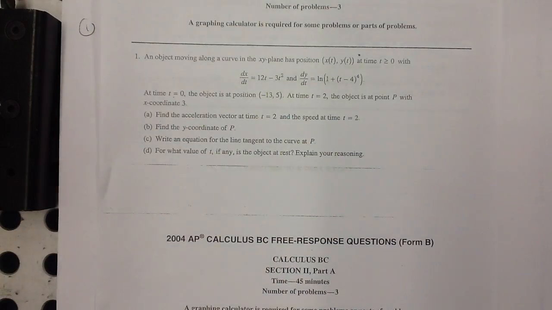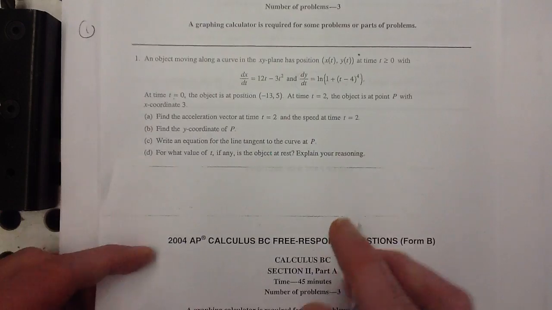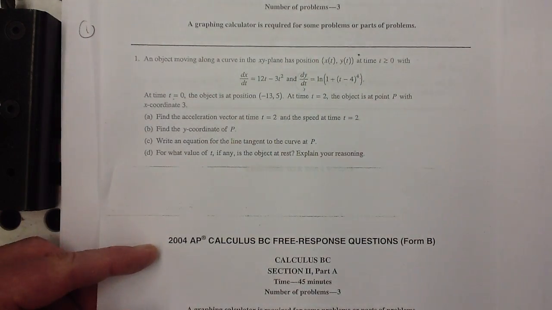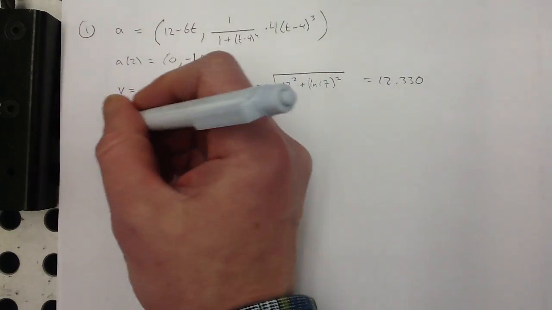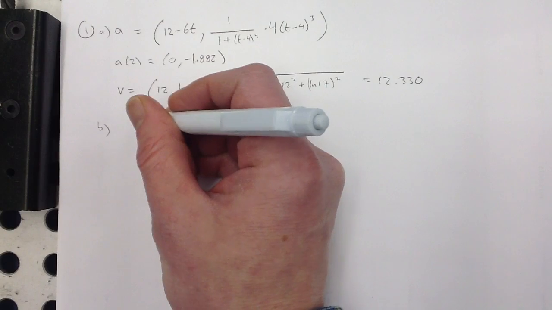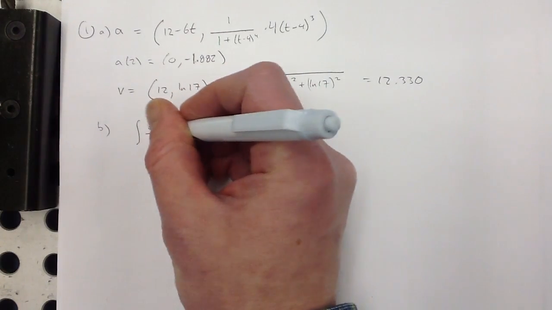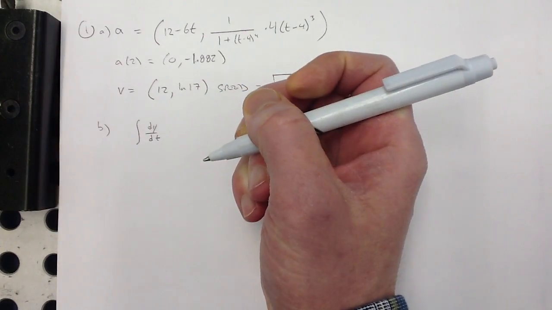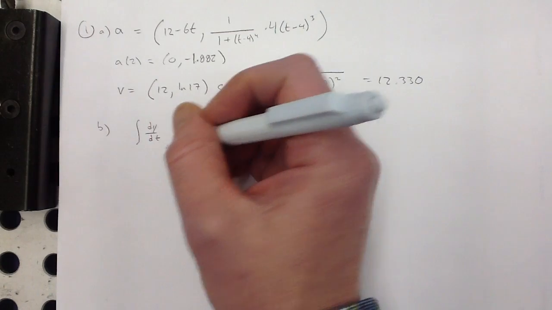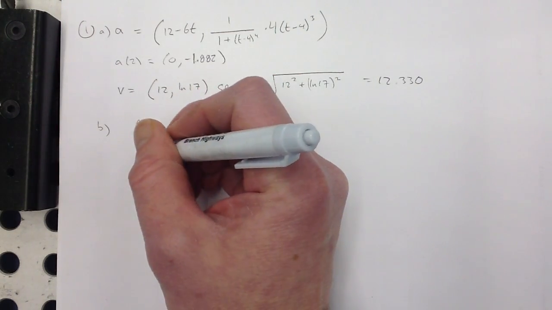The y-coordinate of P. Well, let's see what we know. I only have the derivative here, so if I want to get back to information about y, I have to take the antiderivative of this. So to get the y-coordinate, this was part A, this is part B. I'm going to take the antiderivative of dy dt, right? From where to where?